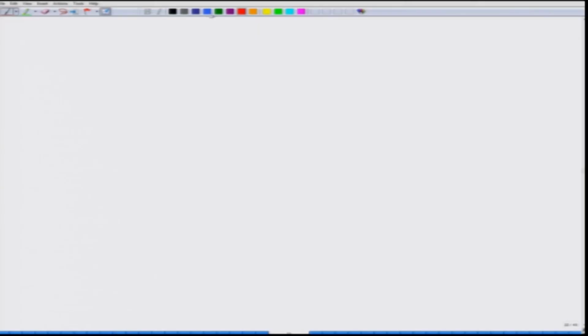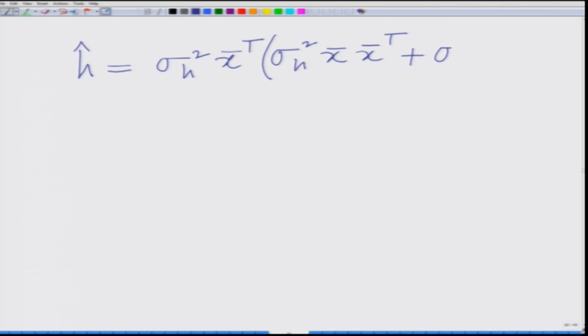in the previous module we have shown that the estimate of the fading channel coefficient is h hat equals sigma h square times x bar transpose into (sigma h square x bar x bar transpose plus sigma square identity) inverse times (y bar minus x bar mu h), plus mu h.